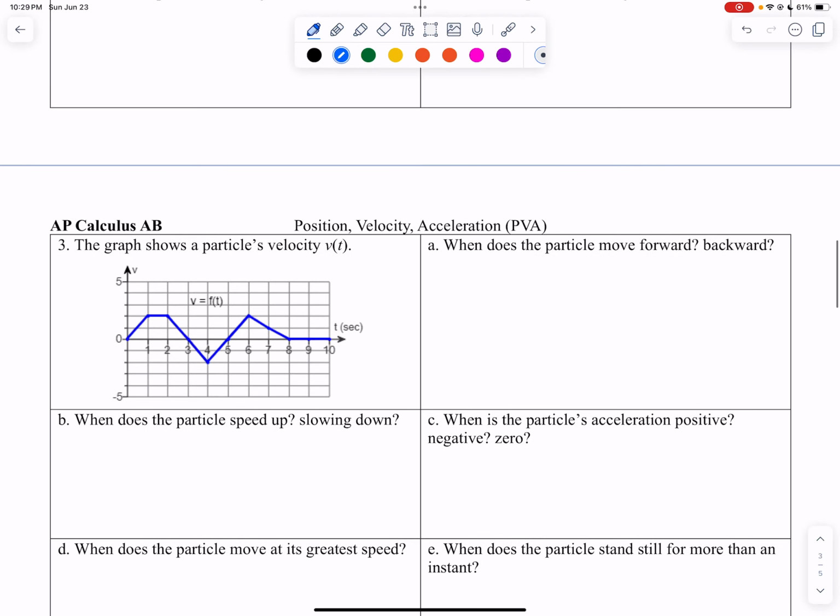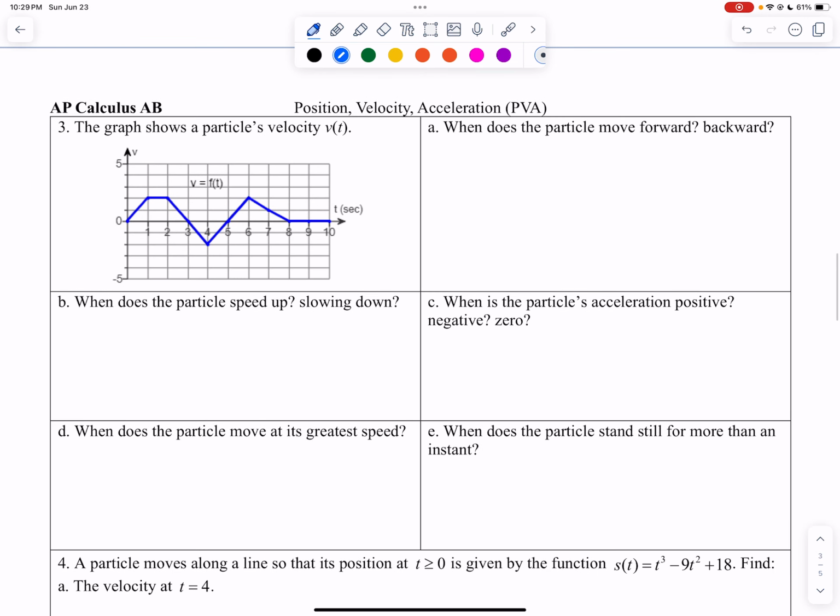All right, so let's look at number 3 here, where I have a graph and it is showing the velocity function. So here, part A says, when does the particle move forward and when does it move backward? The particle is going to move forward whenever my velocity is greater than 0, so my velocity is positive.